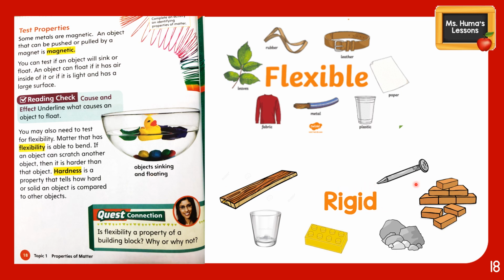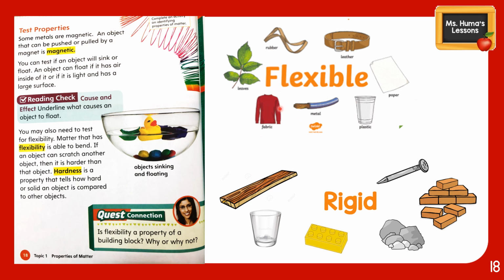And why do we study flexible and rigid? Just to see which material is suitable for what kind of purpose. Things which we want to wear, we have to make using flexible materials. But there are still some things which we need to be rigid, like if we are building a house, we don't need things which are flexible. If I make a house out of flexible things, it will fall down.